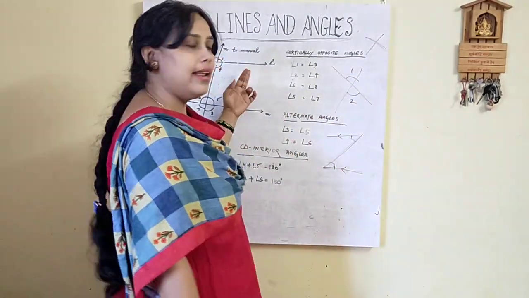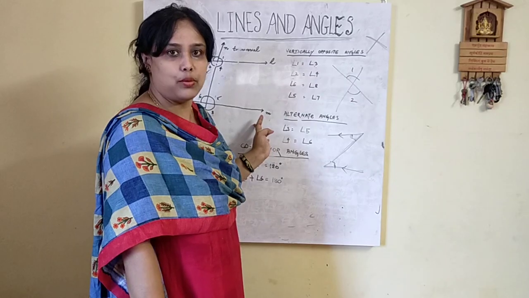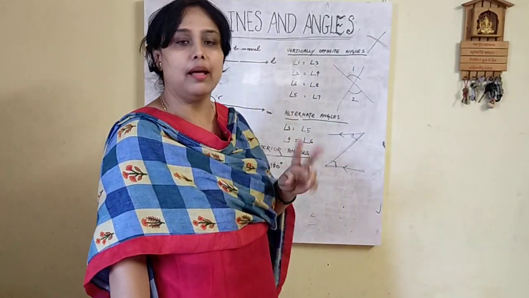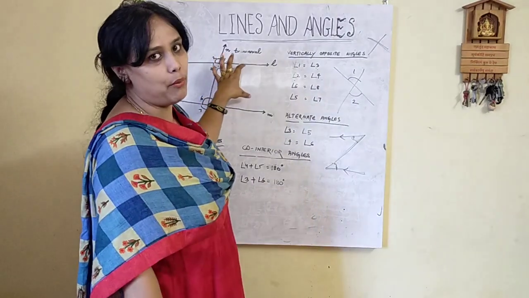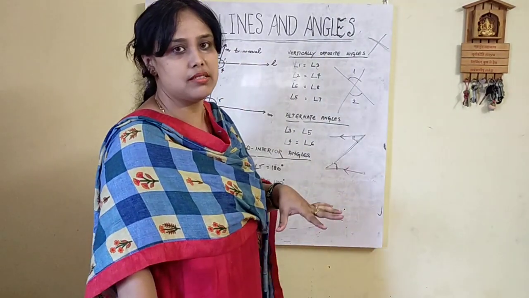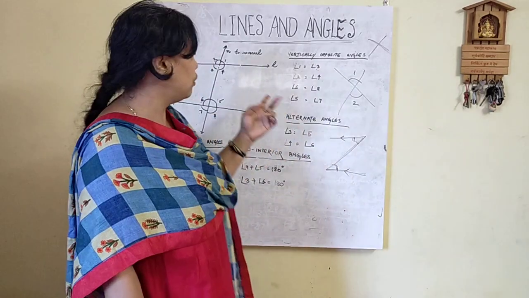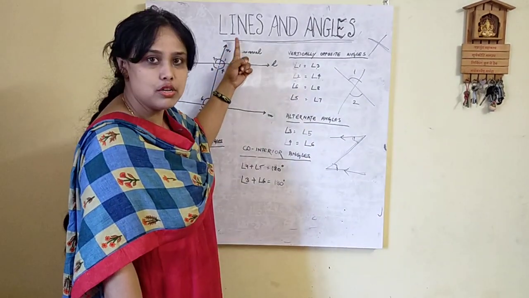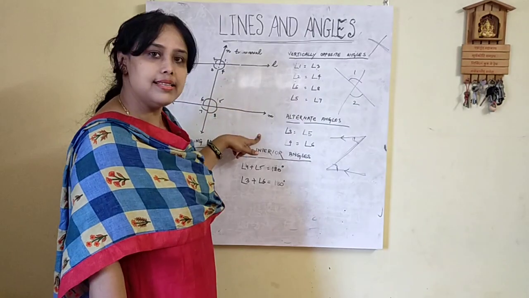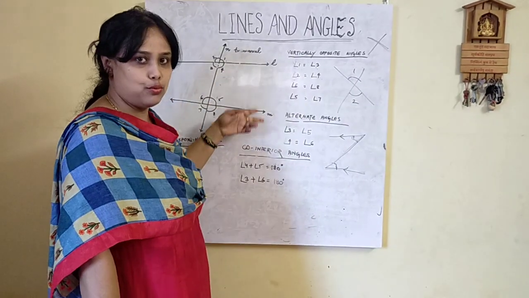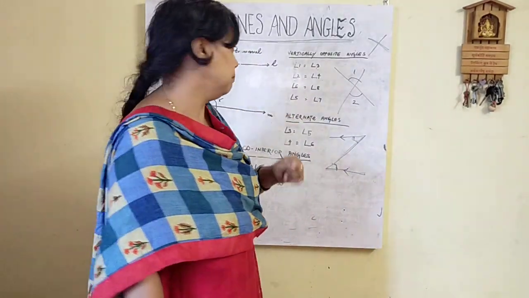And number two, the distance between two parallel lines at any point always remains the same. So lines become parallel when they never intersect and the distance between them remains the same.